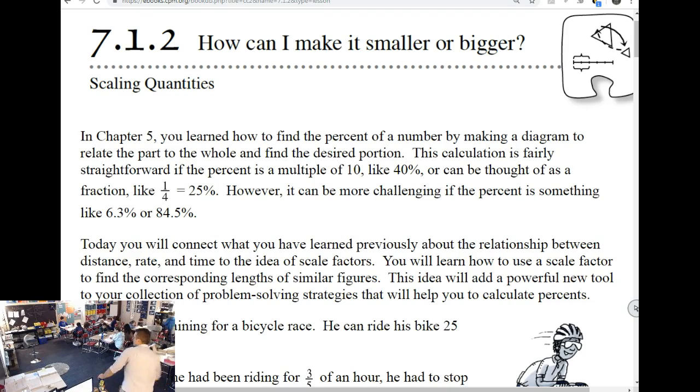So this calculation is fairly straightforward. And we said percent of something. What does "of" tell me to do? Multiply, right? If it says like 25% of the price off, or 50% of whatever, "of" tells us to multiply.